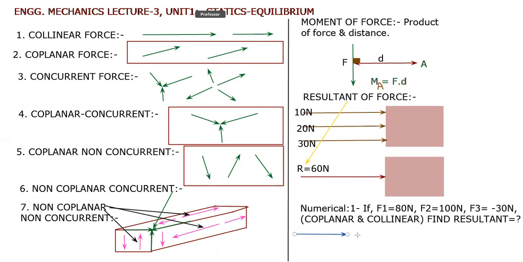Second force is 100 Newton, and third force is minus 30 Newton. Now, if this is minus 30 Newton, then it must be in a reverse direction. So you must note down this thing, that your sign convention matters too, and sign convention we are also going to discuss.